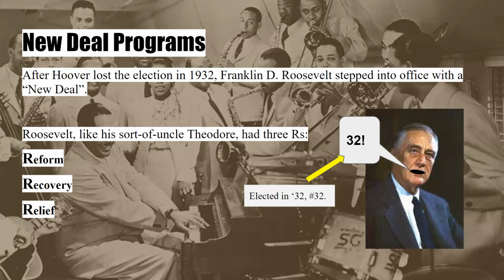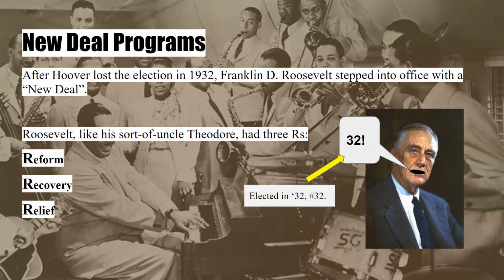And then there's FDR, who came in with the New Deal. Roosevelt, like his sort of uncle Theodore, I forget how they're related, but they are both Roosevelts. I think Eleanor Roosevelt, FDR's wife, her uncle was Theodore. So like uncle-in-law, if that's even a thing.